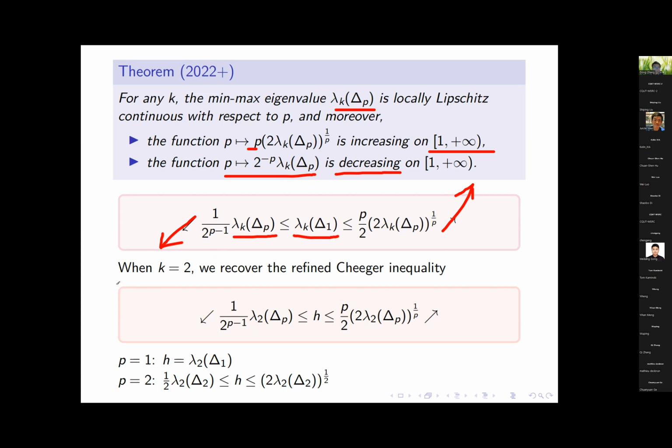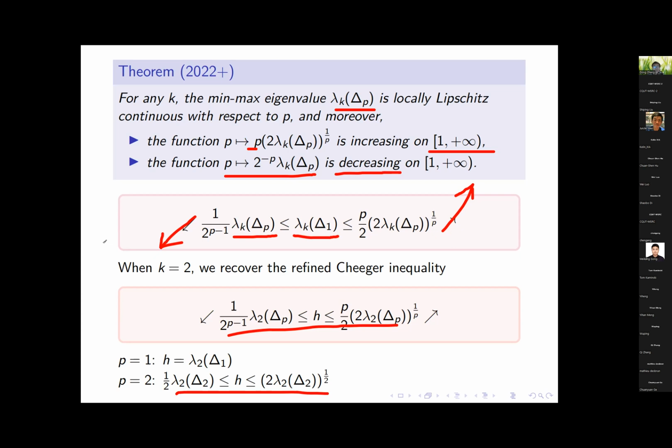When k is 2, we can recover the refined Cheeger inequality for the graph p-Laplacian. And if p is 1, we get an identity relating the Cheeger constant and the second eigenvalue of the 1-Laplacian. And if p is 2, we have the original Cheeger inequality on graphs.